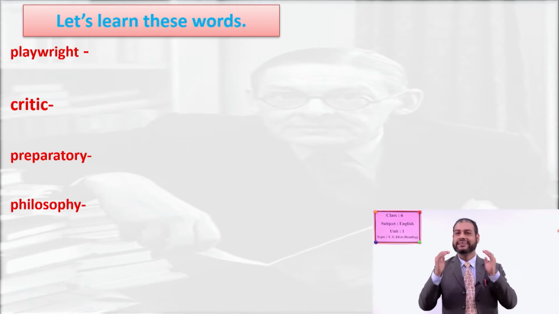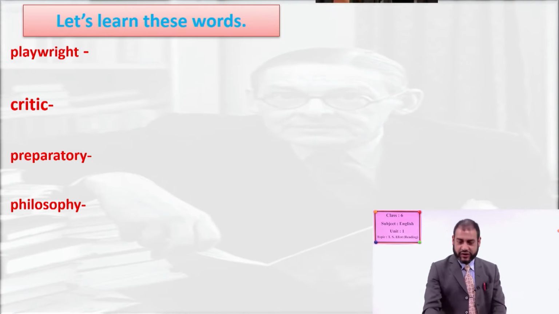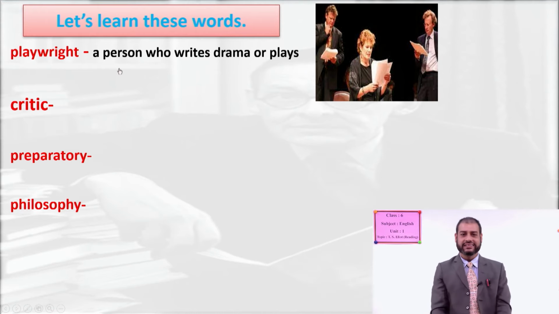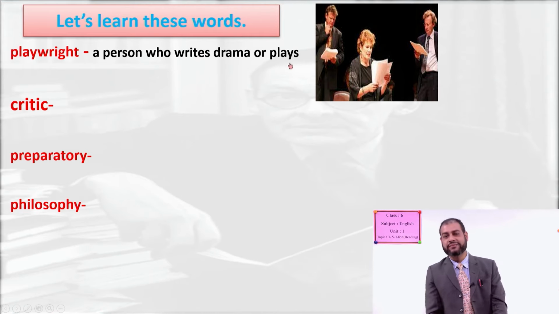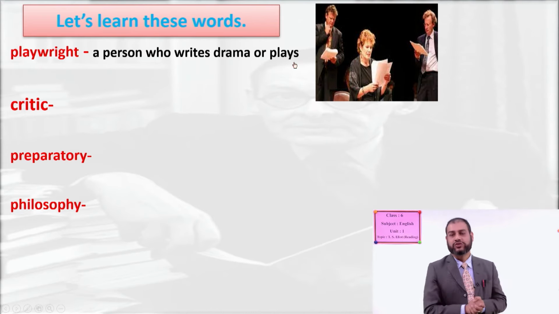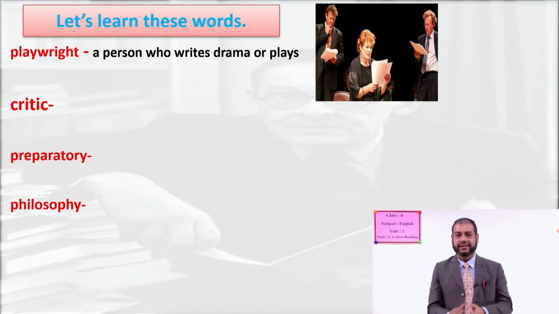You can check your meaning, and for that, first of all, I want to show from the picture. Looking at this picture, you just make a decision whether you have guessed your meaning is right or wrong. So what is it? Your meaning is a person who writes drama or plays, means writer who writes drama or play is a playwright, okay?